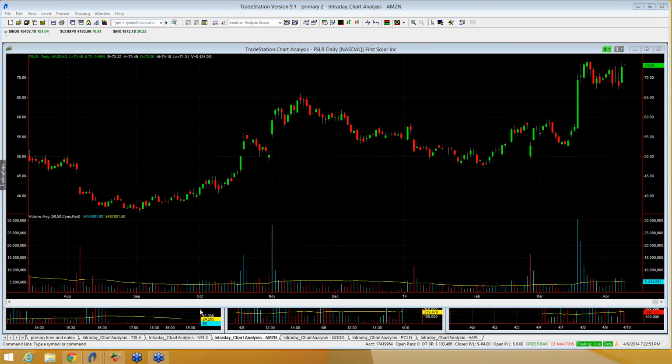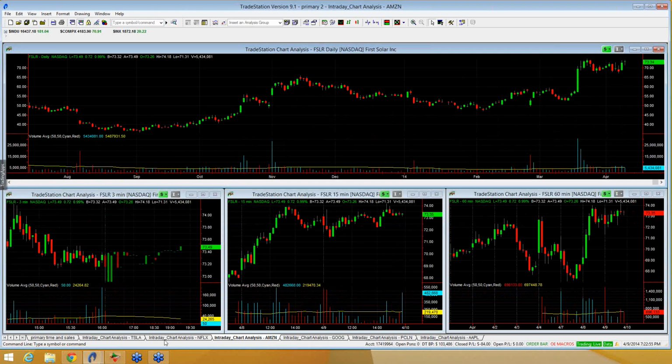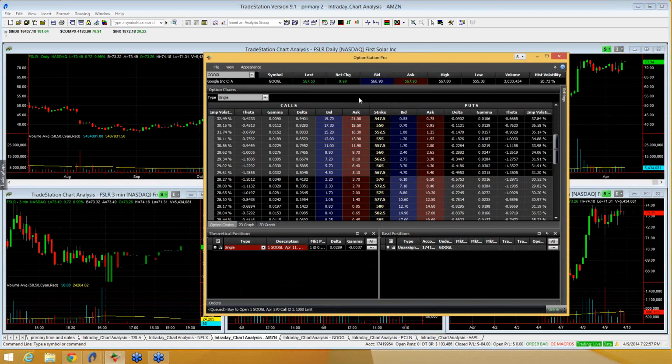I'll show you a perfect example of what I'm talking about. If you look at Google, Google has a 565 strike, 567.50 strike, 570 strike, 572.50. Every $2.50 there's a strike on Google, right? So $2.50 divided by 565, you're talking about a percentage move of 0.4%.